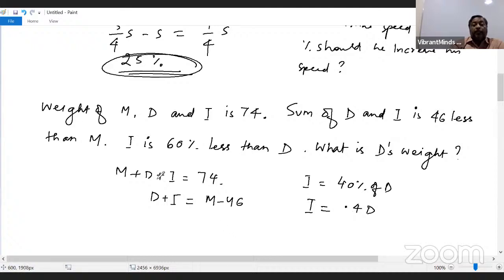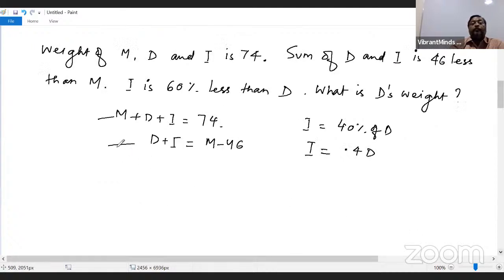अब ध्यान से देखिए, यहां से अगर हम D plus I की वैल्यू M minus 46 करते हैं, यहां से हमें M पता चल जाएगा. So it is M plus M minus 46 is equal to 74.